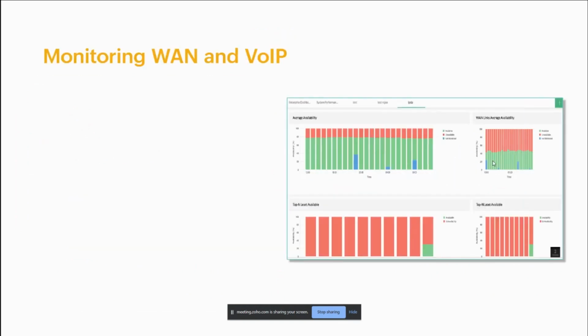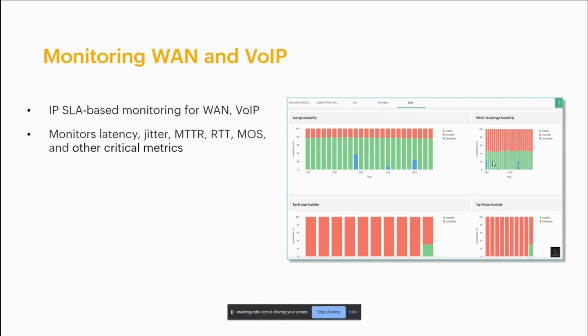Talking more about WAN and VoIP monitoring, OpManager allows you to identify the network components with high round trip time, so you can know which components cause it and fix that accordingly. You can monitor the latency, jitter, mean time to repair, and all other critical metrics, so you can identify the issue and take necessary actions.